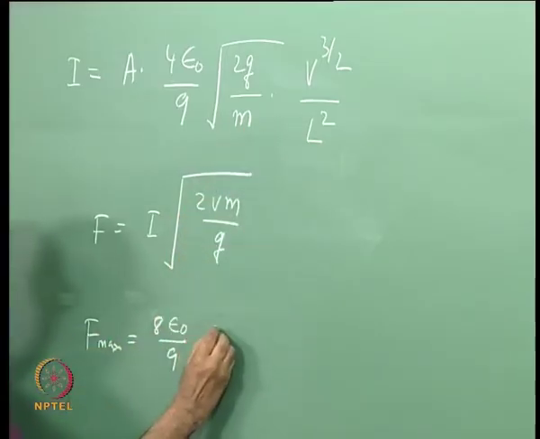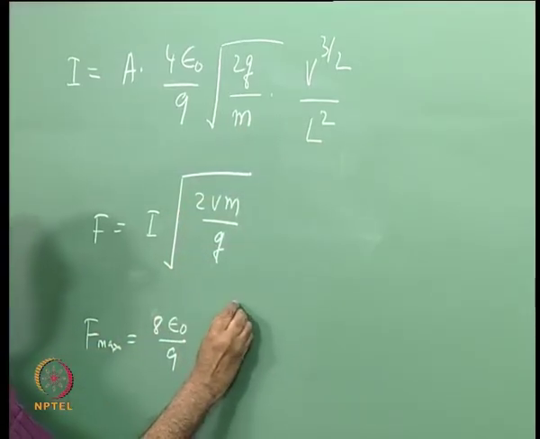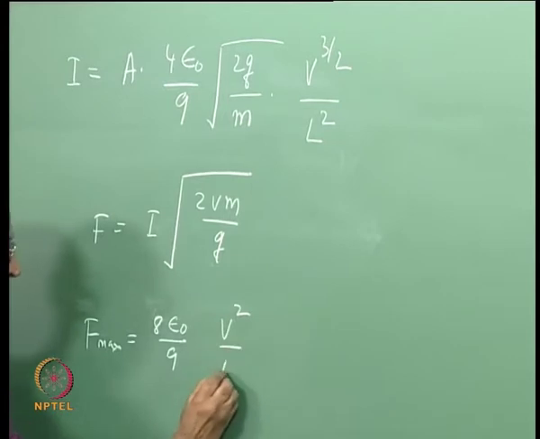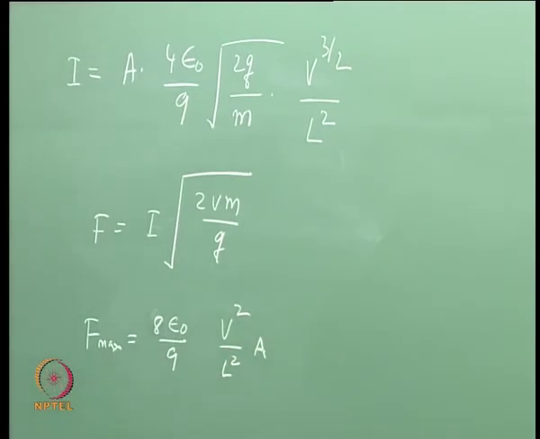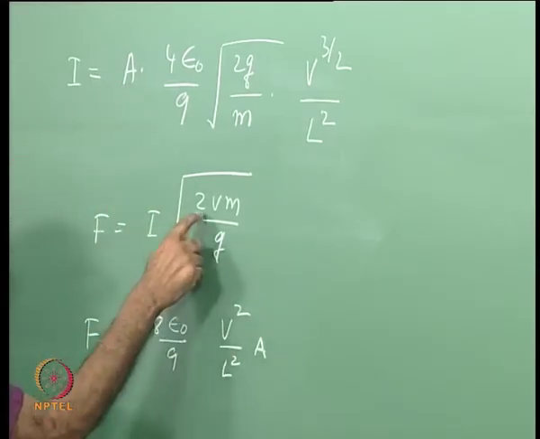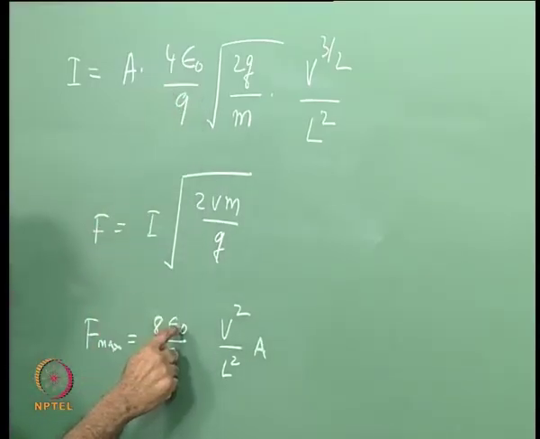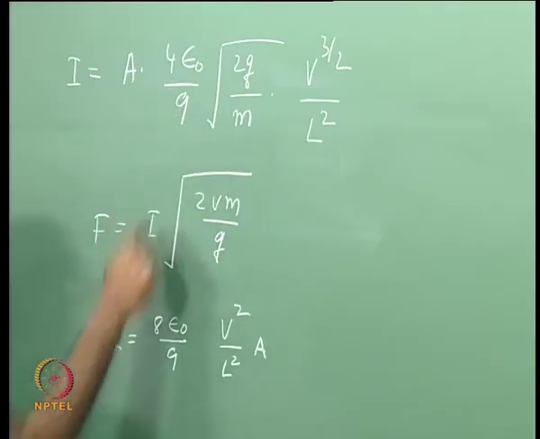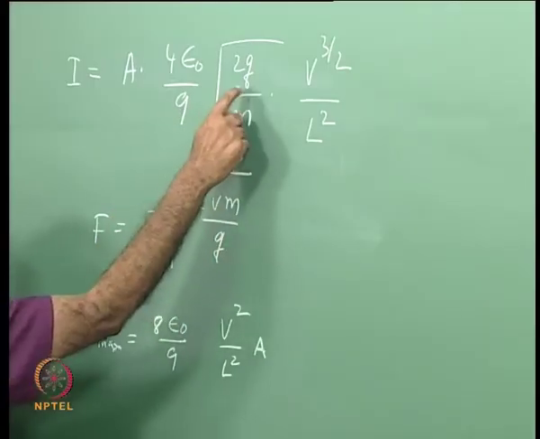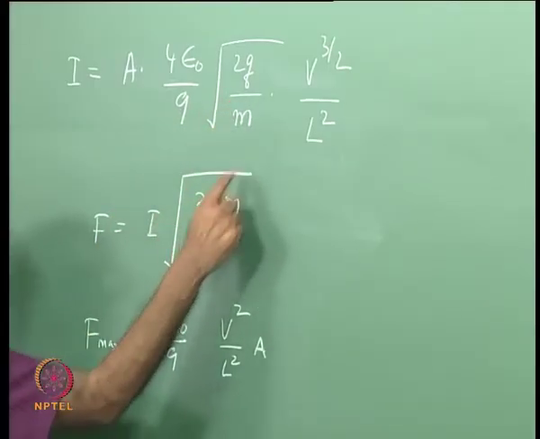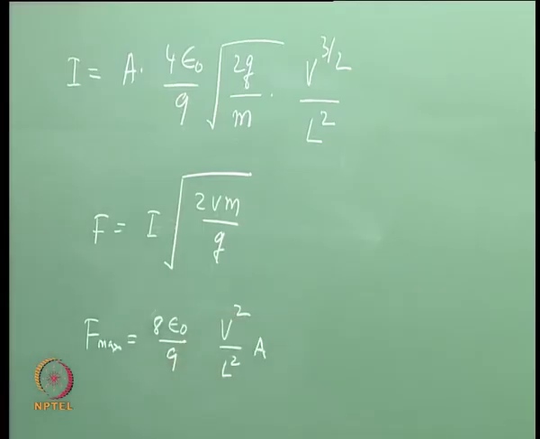Voltage to the power 3 by 2 with the balance V gives V squared divided by L square, into the value of A, which is the maximum thrust which is possible. How did I get it? A comes here, 2 and 2 gives me 8, permittivity of free space epsilon naught, 9 over here, and I get V, the balance V which is left, V squared by L square.